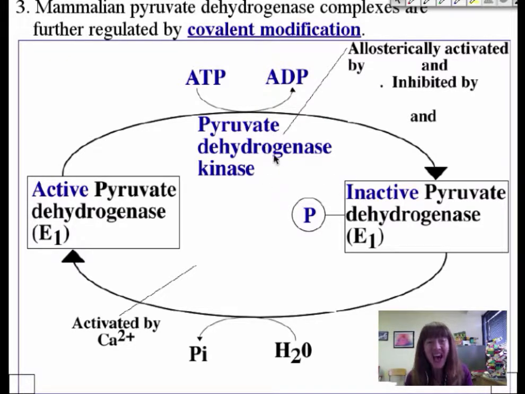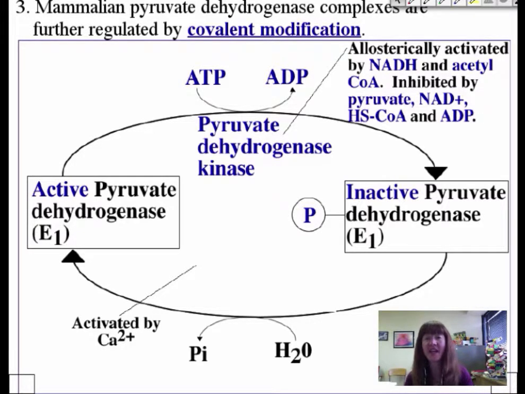So it must activate the kinase. So things like NADH and acetyl-CoA products are going to activate that kinase. Hopefully that kind of makes sense. Now, on the flip side, we would recognize that accumulating reactants, right, we know is going to tend to activate the E1, and so we would see it inactivating or downregulating the kinase, or inhibiting the kinase.